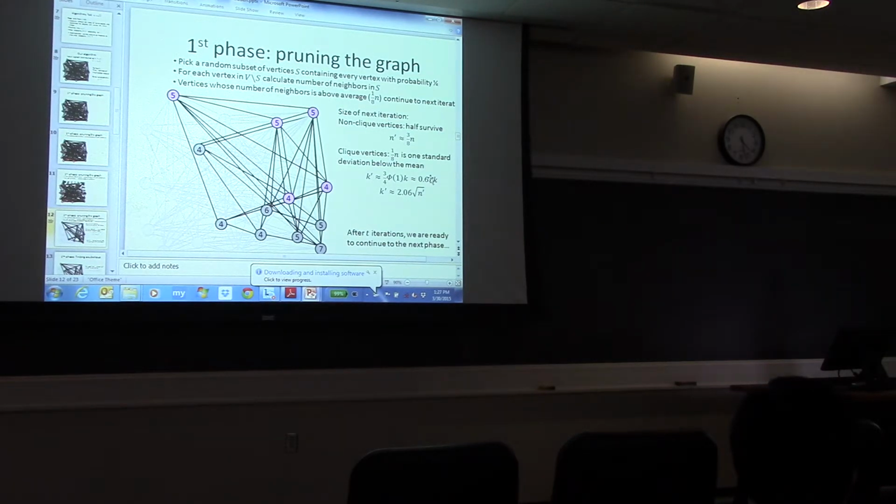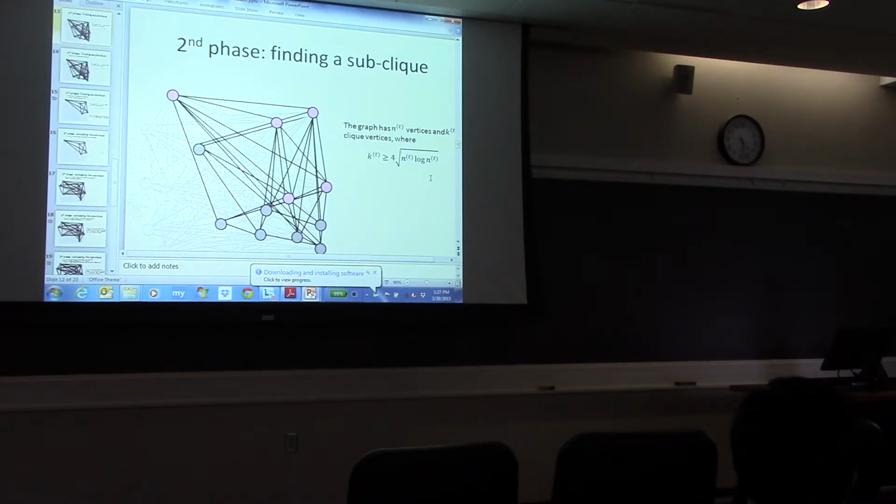But anyway, once we iterate this, say log n times, the proportion of the clique inside the graph we have will improve enough that then we can just finish off by just using degrees, because we'll get above this root n log n threshold I told you about in the beginning. So we just have to iterate this a very small number of times.